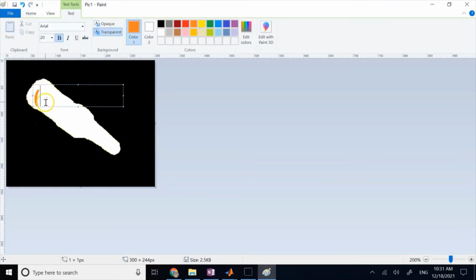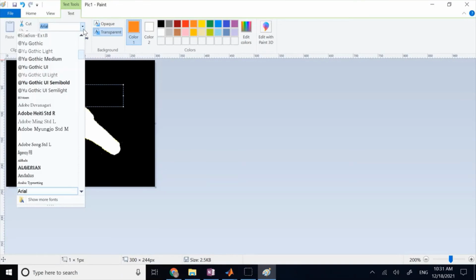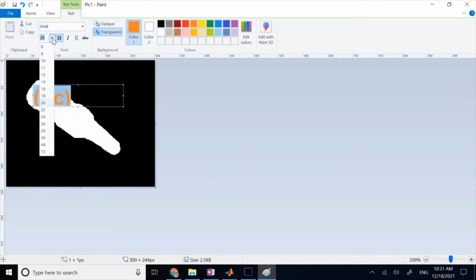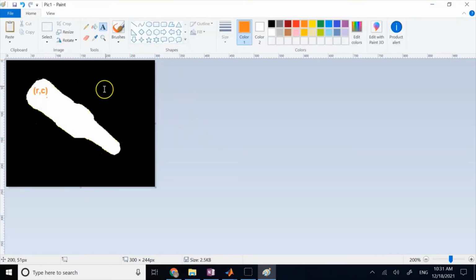So that location is like R and C, right? That pixel is, let's say, for example, 100 vertical, and let's say, for example, 150 horizontal or something like that, right? So that is this pixel again. Let me make it a little bit bigger like that. That's that location.